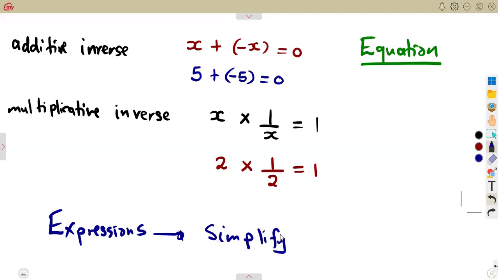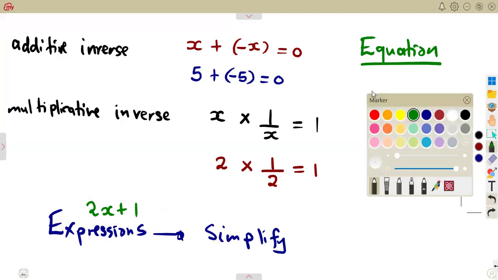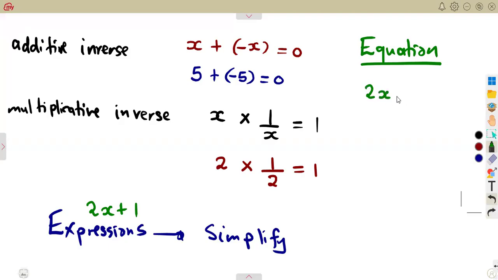So what is the difference that we have now to something that we now call an equation? For us to consider an equation, we must have a statement which is from an expression 2x plus 1. That's an expression. So we must have this statement or this expression now equated to a certain number or to a certain expression or term, whatever that you're given. Maybe it is equal to 0 like that.